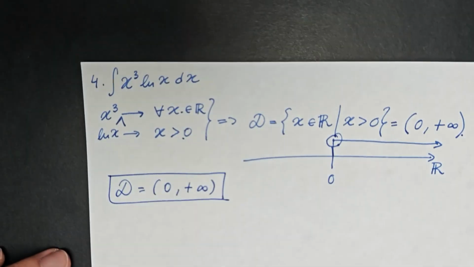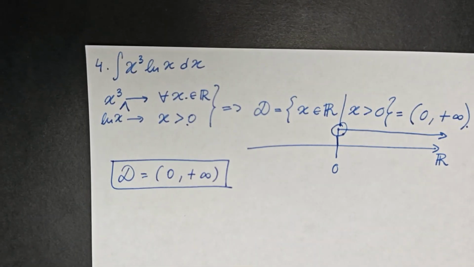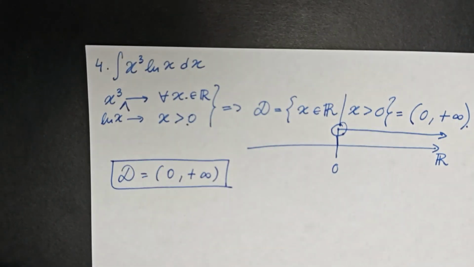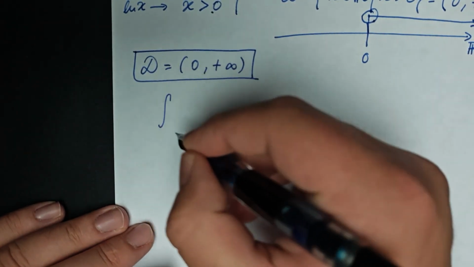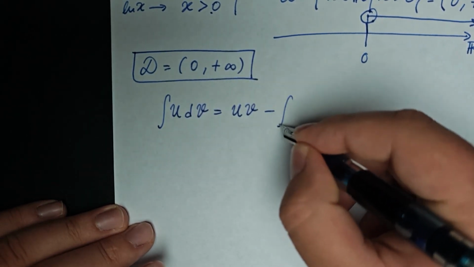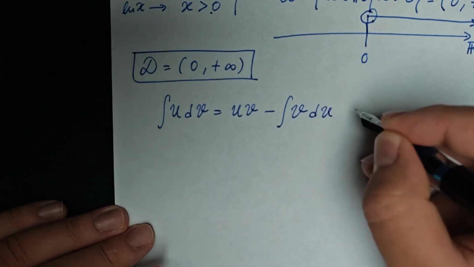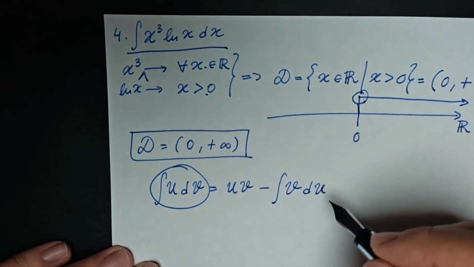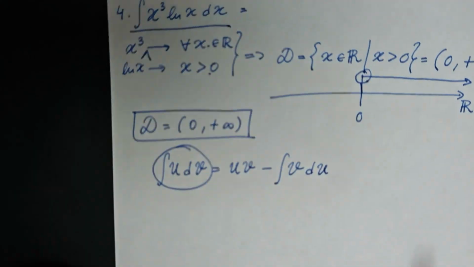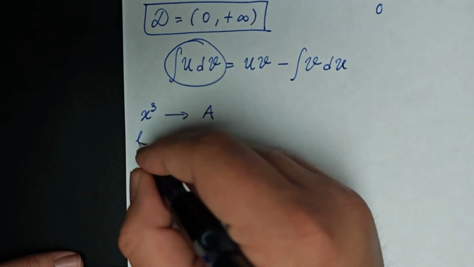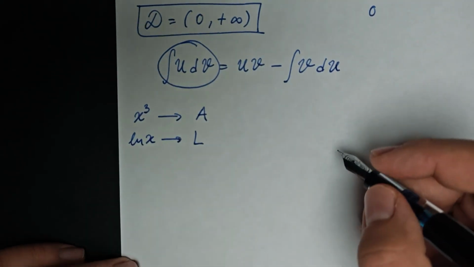Now that we know our area in which the integral is defined, we are again going to use the integration by parts formula to solve it. We just need to find what u and dv are. Remember, we have the integral of u dv, and that is uv minus the integral of v du. This integral of u dv is the integral which we had started from. We have that x cubed is algebraic, and ln of x is logarithmic.